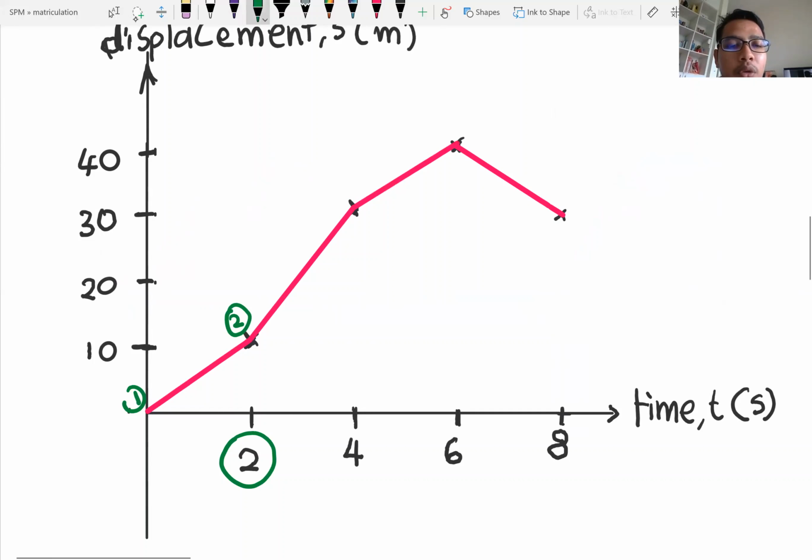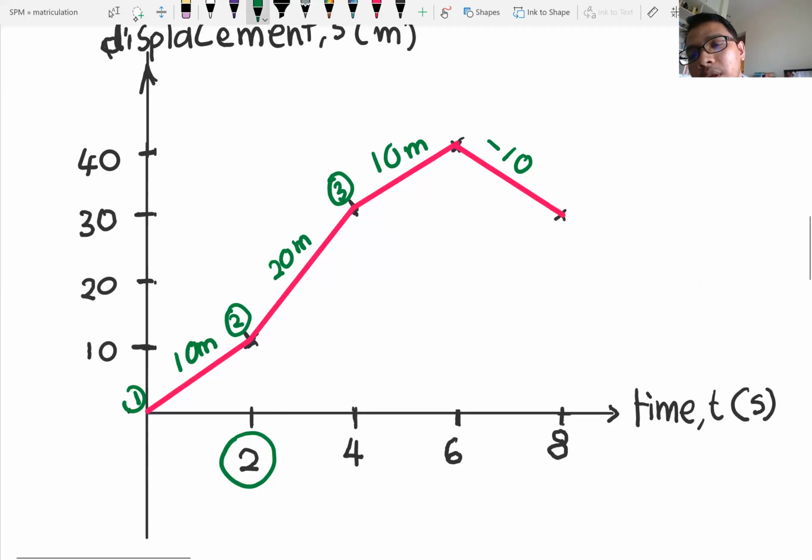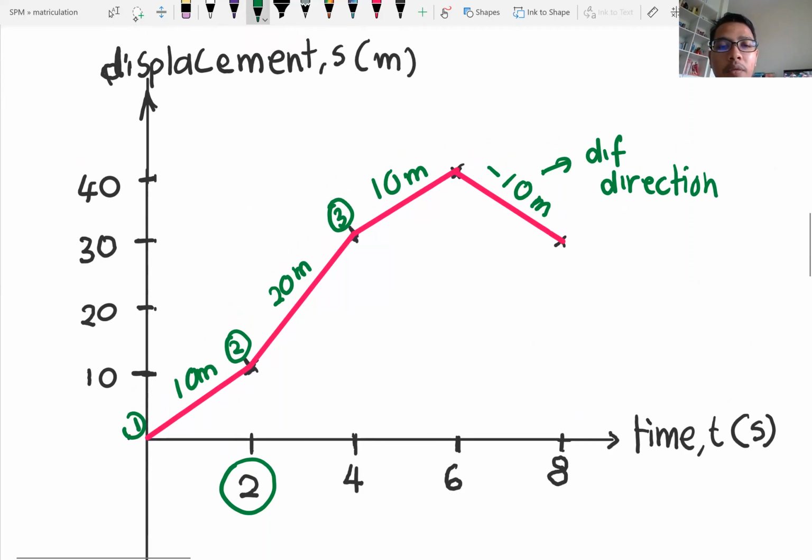Then from position number 2 to position number 3, it moves another 20 meter. So this is 10 meter. And in another 2 seconds, it moves another 10 meter. And it moves back, so this is negative 10 meter. That's why it's moving down, because this is in the different direction. That's the change of the displacement and time.